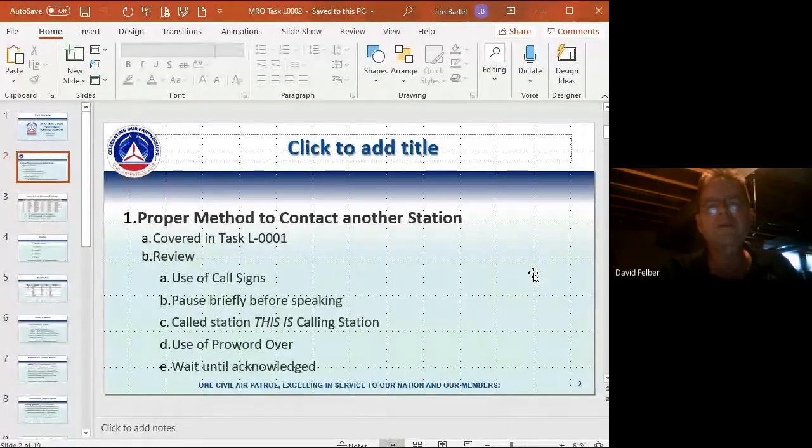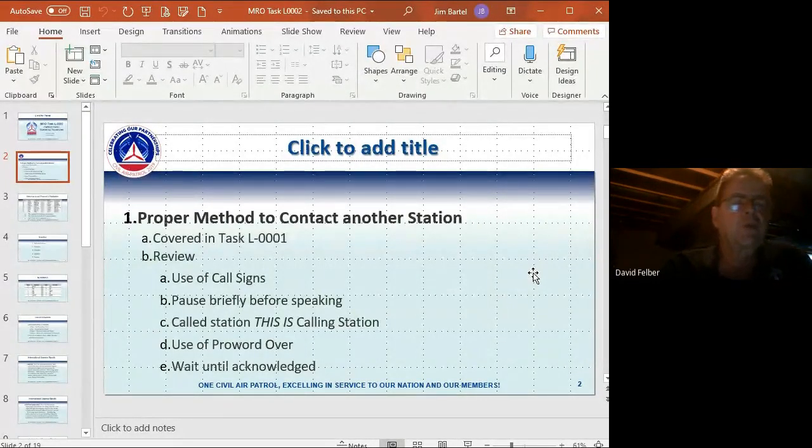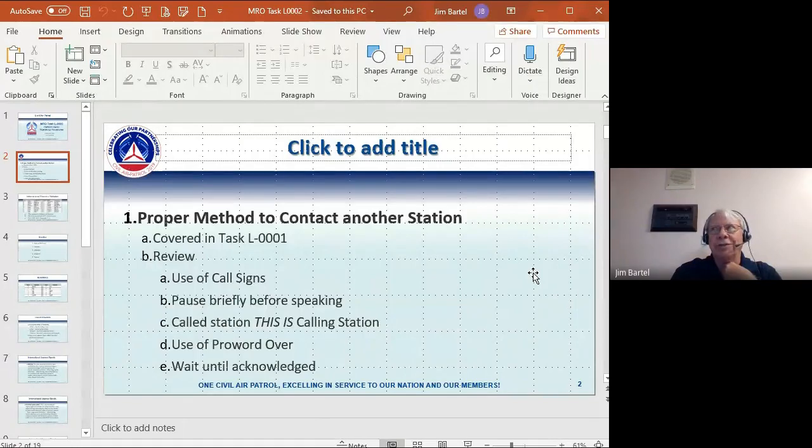And then when you answer, all you have to say is, "This is Red Fox 79, over." You really don't have to use the call sign of the station calling you. You can, though. It just saves time not to. The only time it would really be necessary is if you've got multiple stations calling you, then you can pick one of them and answer. That happens frequently at a mission base.